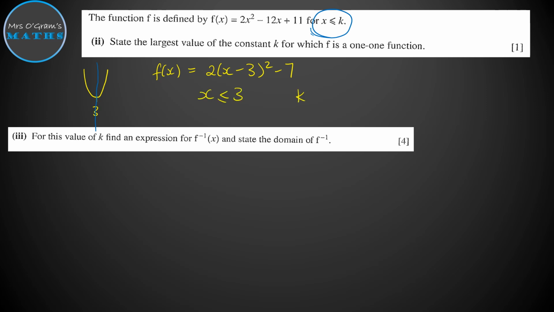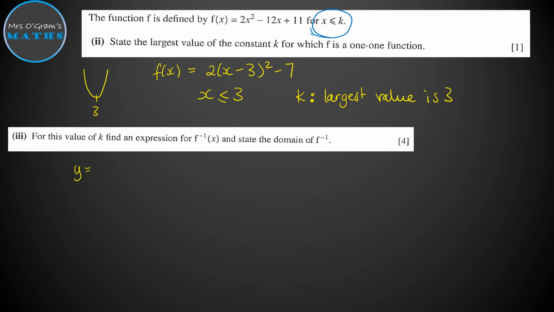So k largest value is 3. So for this value of k, find an inverse. If we know that that value of k is satisfied, we don't need to worry about it being 1-to-1. So now we need to just find the inverse.